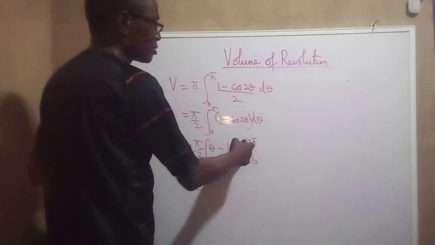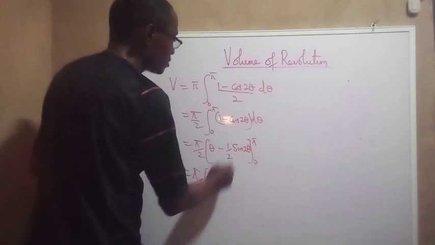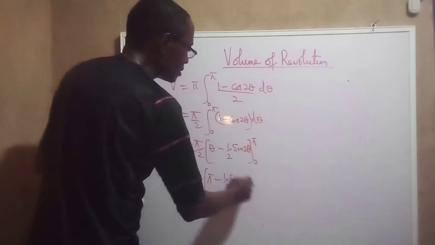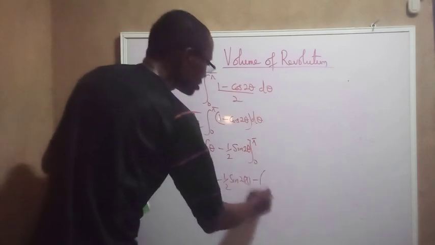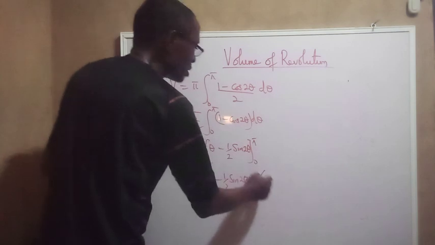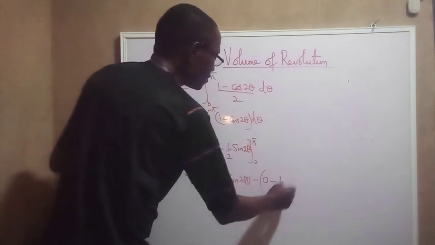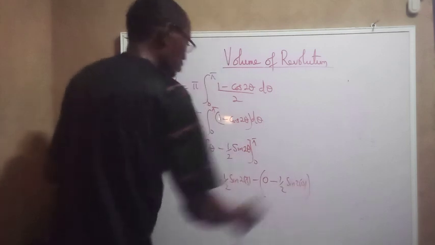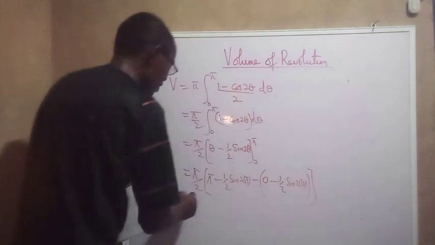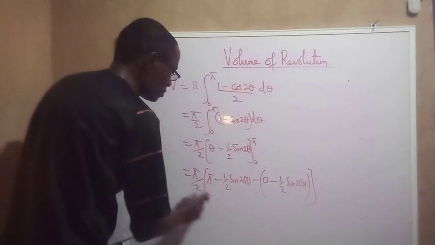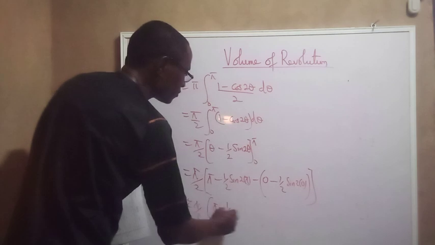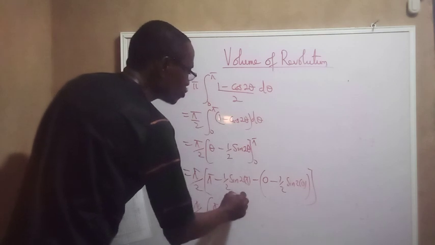So when theta is equal to pi, we have pi minus 1 all over 2 sine 2 pi. Okay, minus the other one, when theta is 0, 0 minus half sine 2 times 0. Okay, you close that. So we have pi all over 2 into pi minus half sine 2 pi is what?